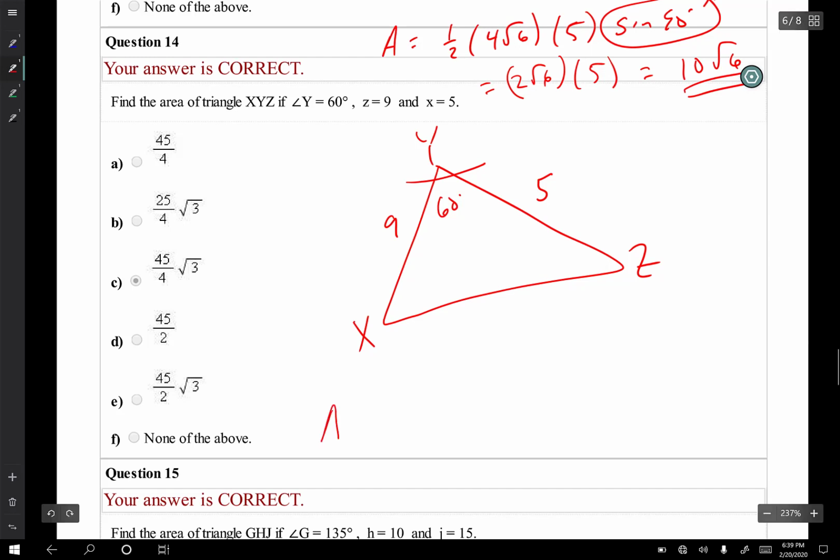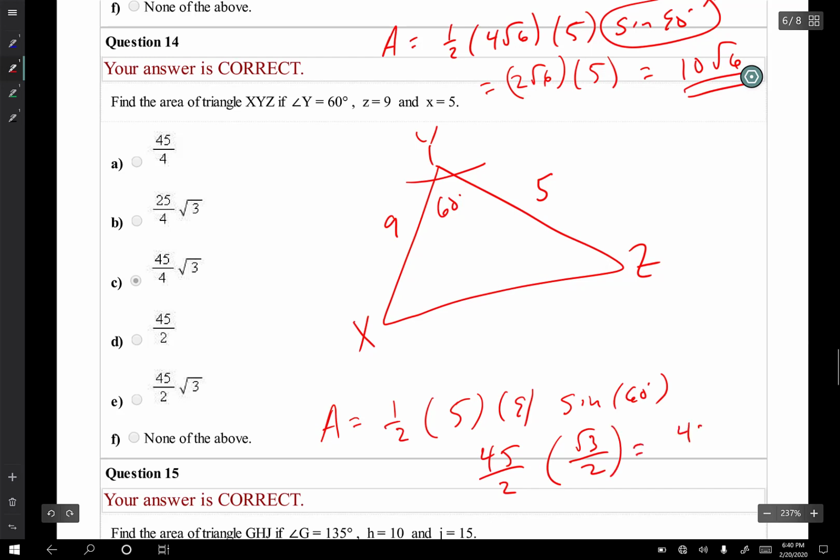They're making this easy for me. 1/2 times 5 times 9 times sine 60 degrees. So 9 times 5 is 45, so 45 over 2. And then sine of 60 is square root of 3 over 2. So 45 square root of 3 over 4. There it is.